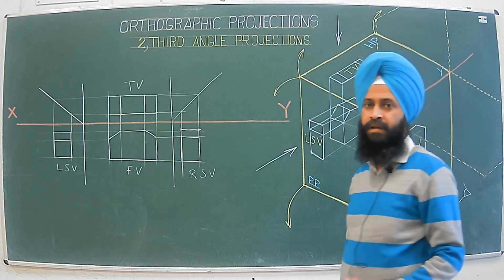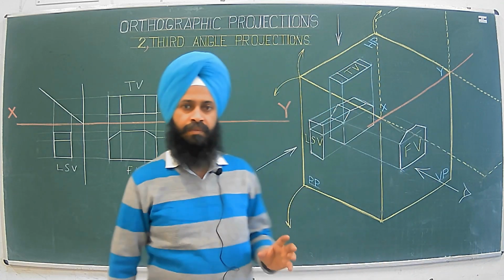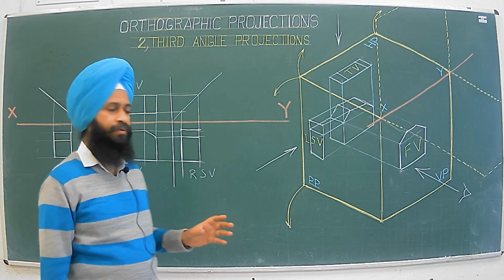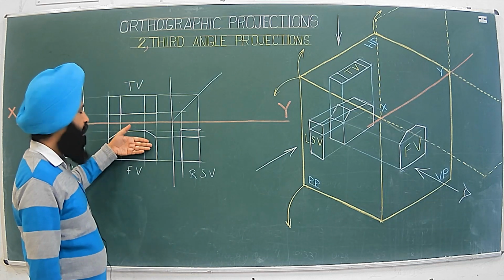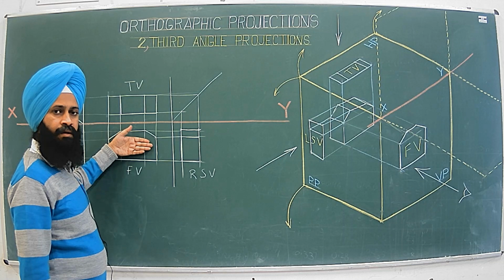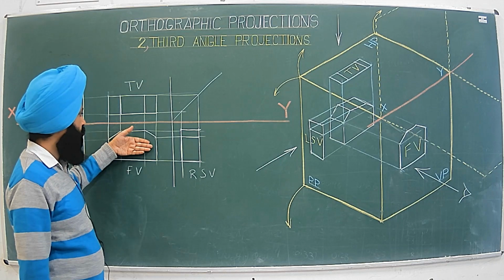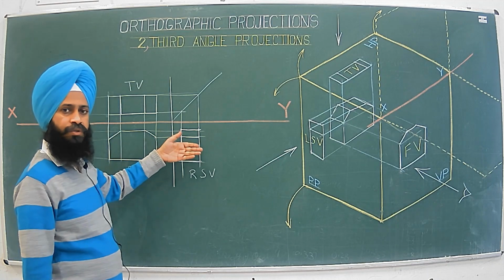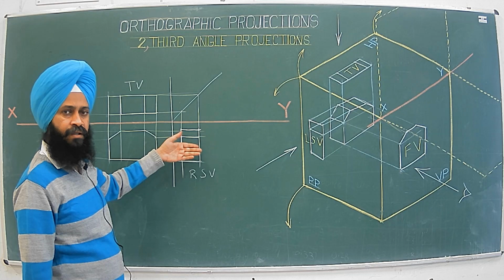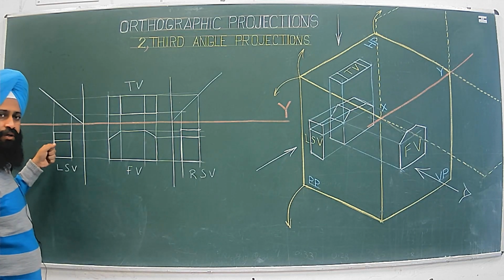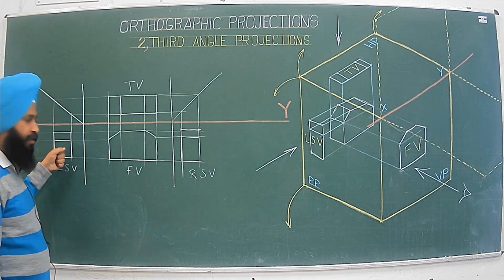It means the name of the view gives us the position of the view with respect to the front view. Whenever we have the top view, its name is top, so it is drawn on top of the front view for third angle projection. The right side view is drawn on the right hand side of the front view. The left hand side view is drawn on the left hand side of the front view.